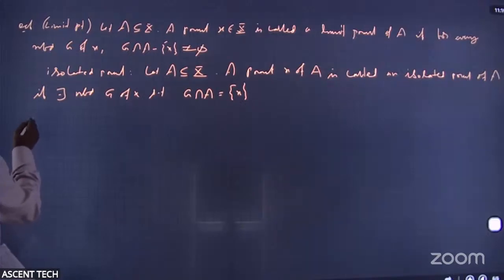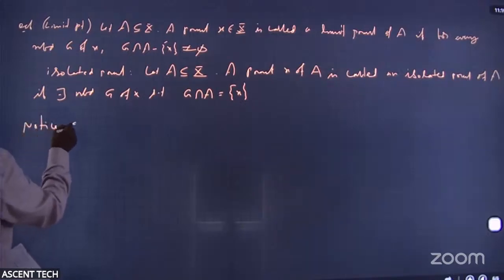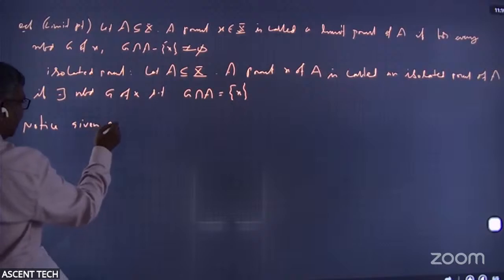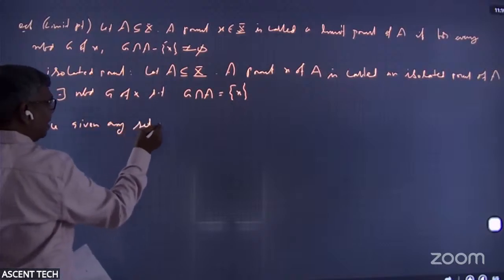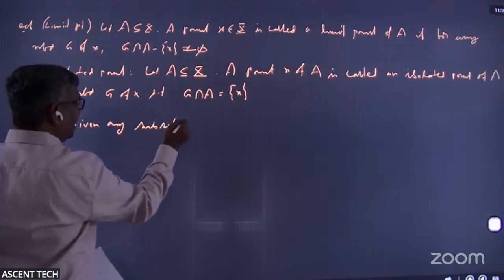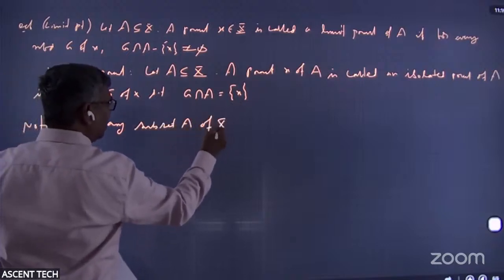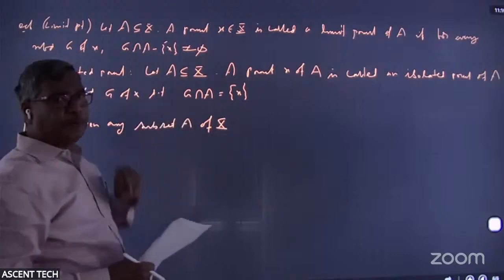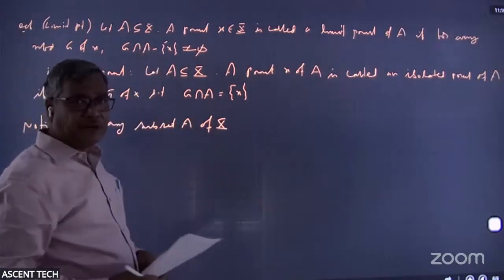So notice, given any subset A of X, if something is an isolated point, it's not a limit point. If something is a limit point, it's not an isolated point.